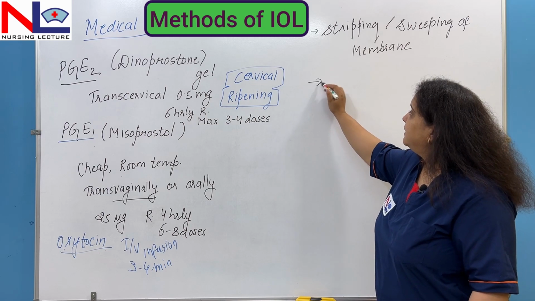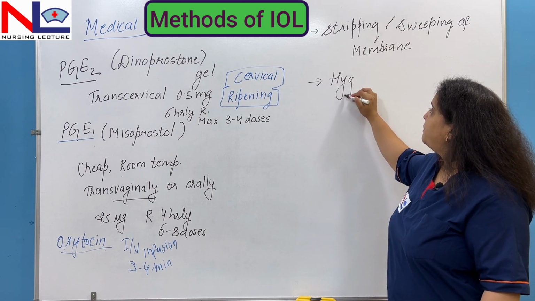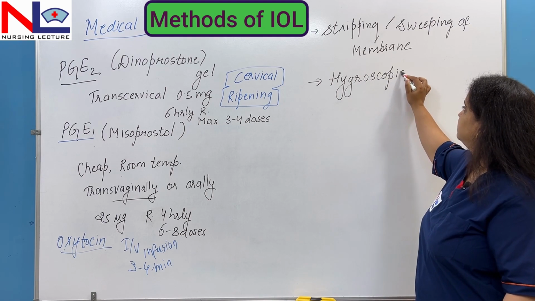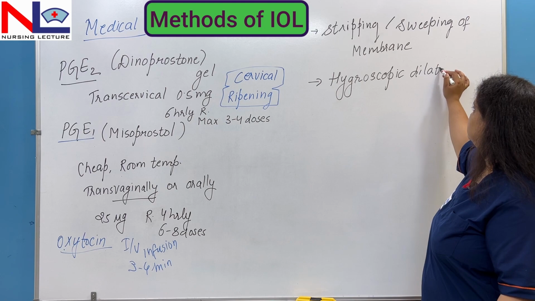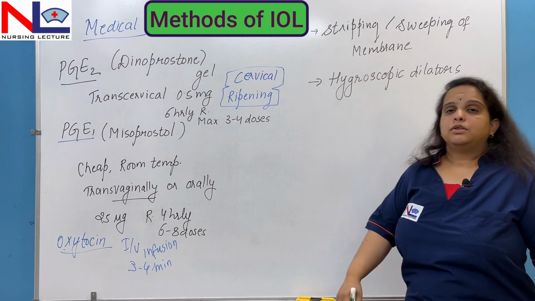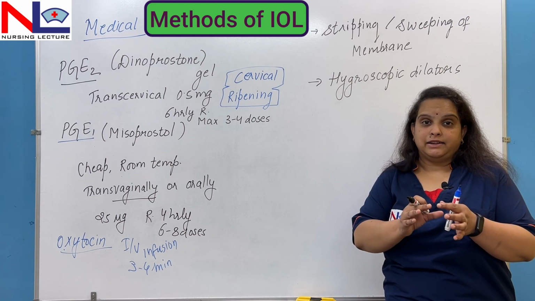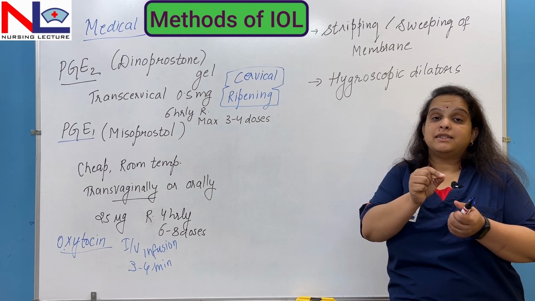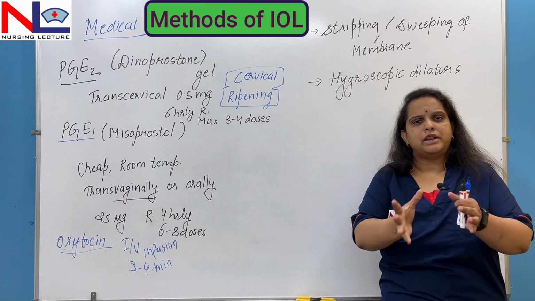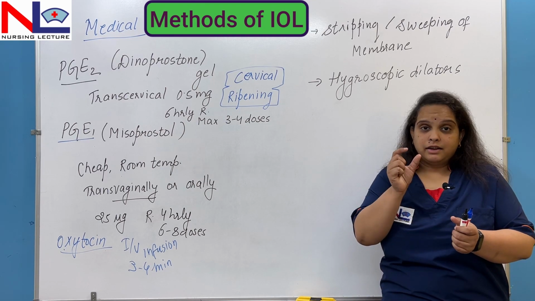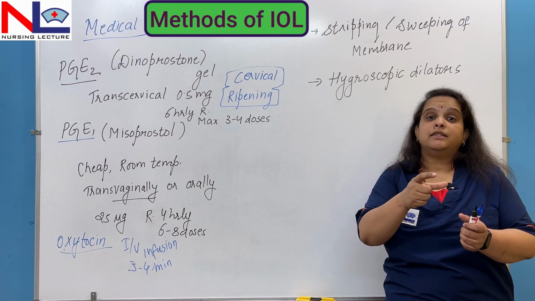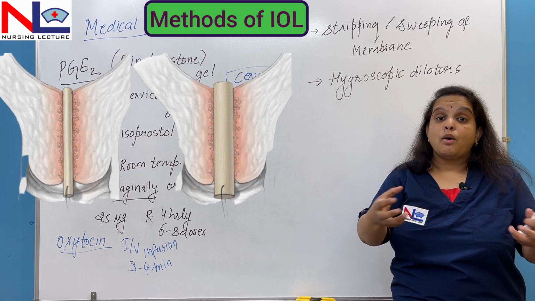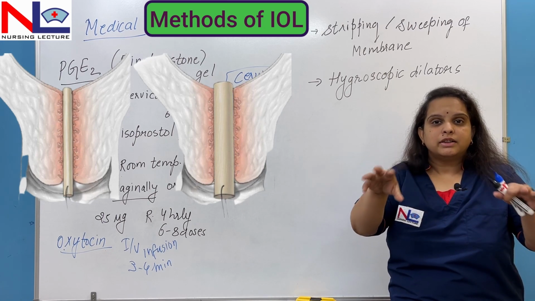Other than that, hygroscopic osmotic dilators can be used. These are devices, available naturally or synthetic, that we place into the cervical canal, where they absorb water from the surrounding area.